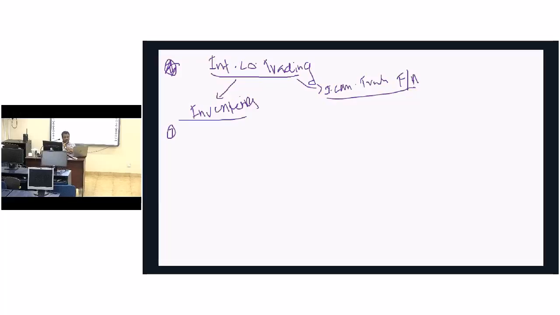Right? In that case, how to learn? Can you remember? What do you mean by unrealized profit? Unrealized profit means the profit element which is added in the closing stock as a result of artificially added profit at the time of selling inventories by one entity to another entity inside the group.